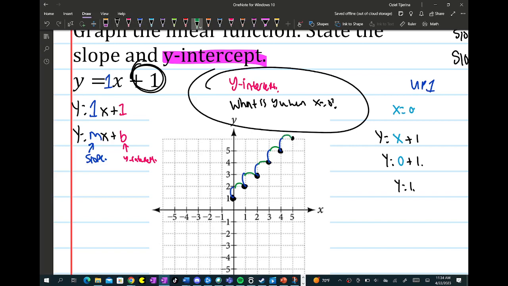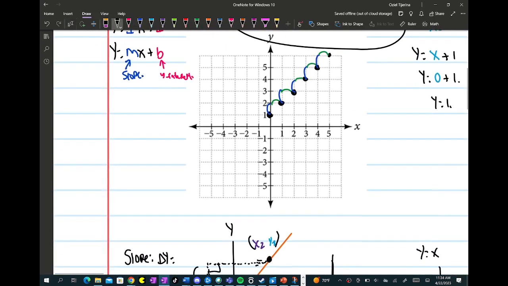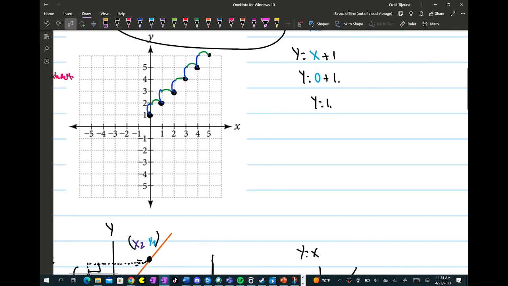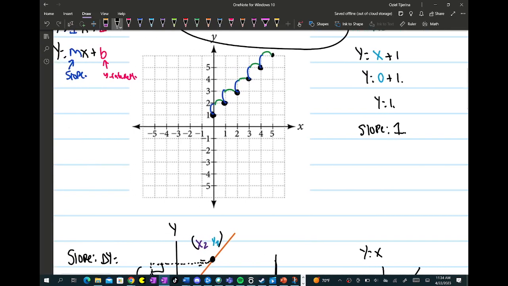So then I know also that my slope is 1, and to complete this, it looks like a line, but it's reflected, I think, about the point 0, 1. So basically, we're kind of doing a reflection across the y-axis.